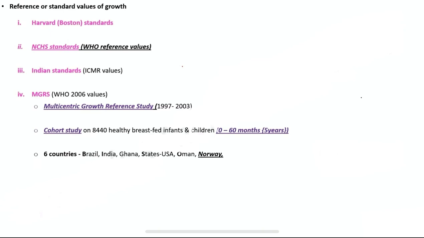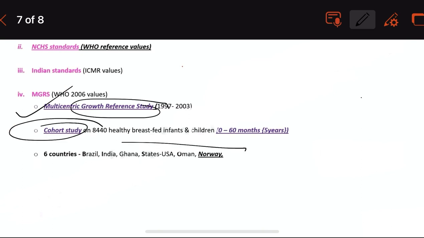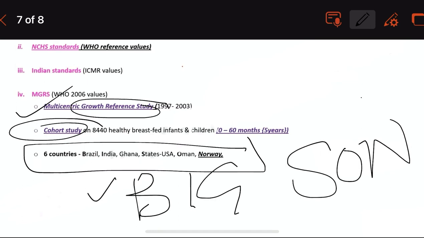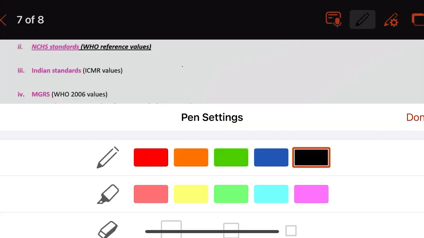And lastly, we have MGRS, multicentric growth reference study, which was based on the cohort studies carried out in these countries. How do we remember? BIGSON, that is Brazil, India, Ghana, United States of America, Oman, and Norway. So these are the areas where the MGRS values are used.